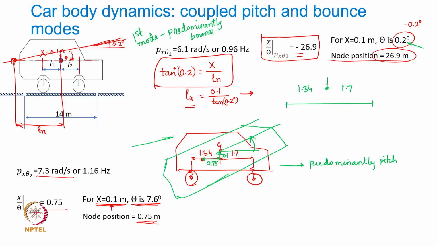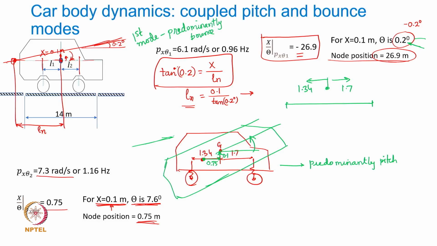You try and shift this CG either this way or that way and make these two L1 and L2 reasonably different from each other, you will notice that this angle will change to a higher value. And then the coupled pitch bounce will be literally coupled pitch bounce, in which both bounce and pitch will be observed significantly.